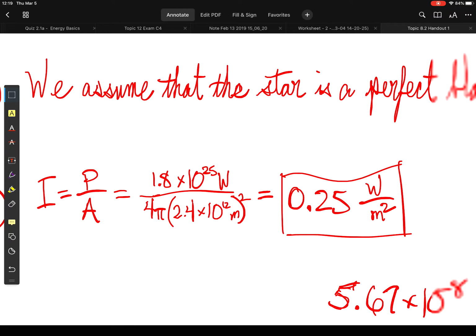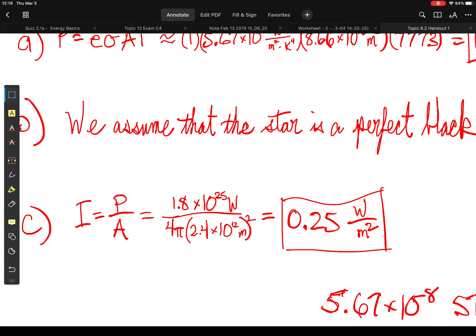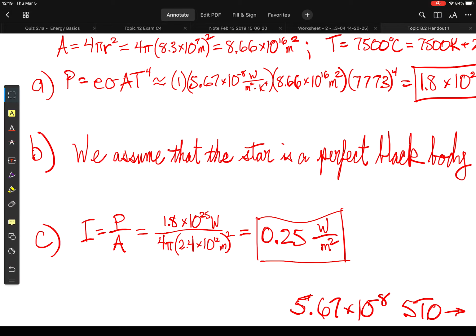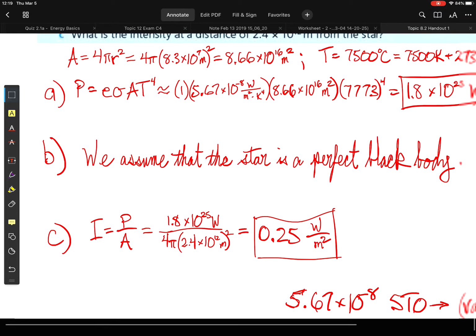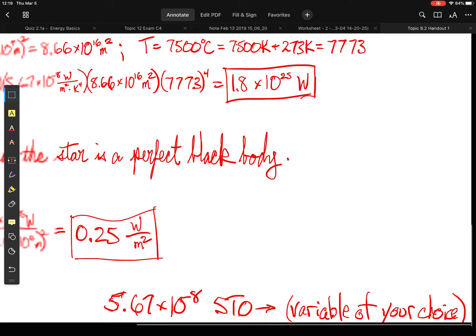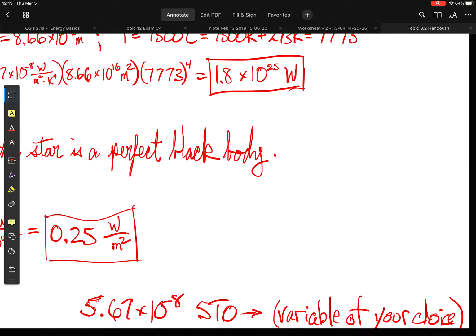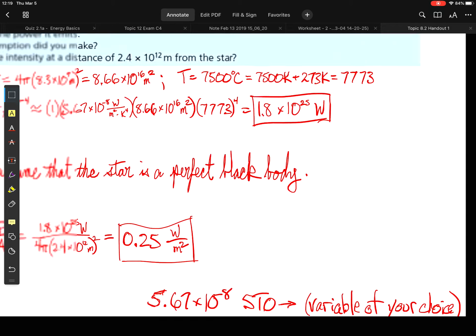That's going to give us our power at any distance from that star. We've already seen this equation in my previous lecture, and here we're applying it. Once again, another variable that might be handy to store is the Stefan-Boltzmann constant, 5.67 times 10 to the negative 8.